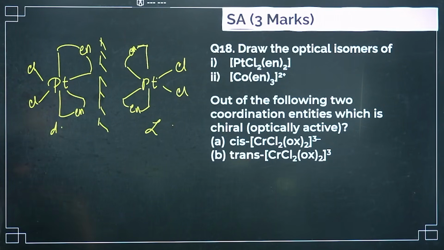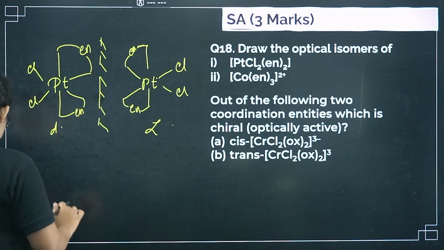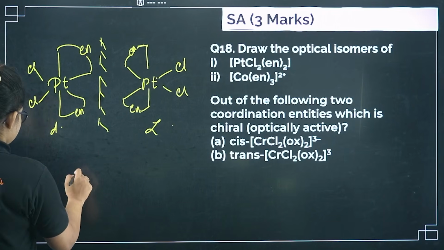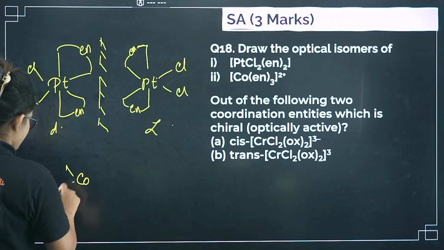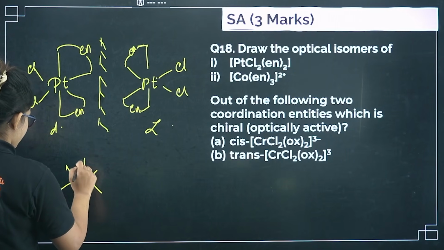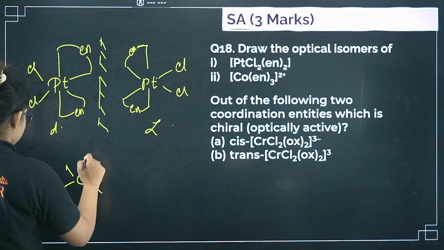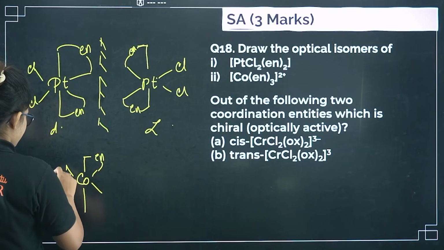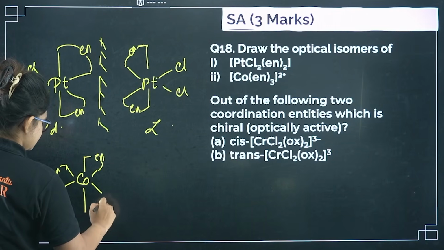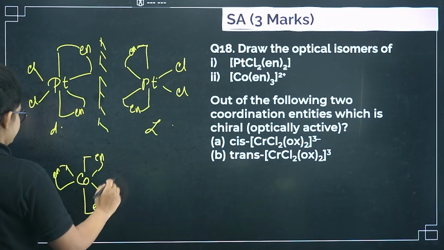Next, cobalt with 3 ethylene diamine. So let's draw it. Cobalt, so we can place 1 ethylene diamine like that, 1 like this on the plane, 1 like this. Now you can draw the mirror image of it.